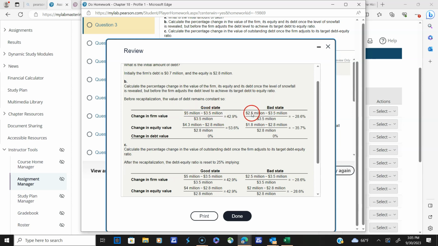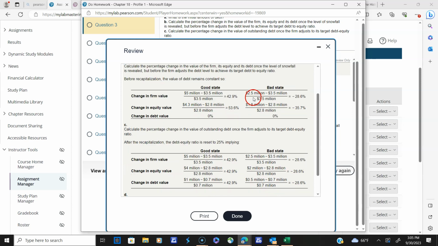And for a bad state, 2.5 million, it's down 28.6% from its current level, right? Everyone see that? A good year is 5 million, bad year is 2.5 million. So that's the total firm value.